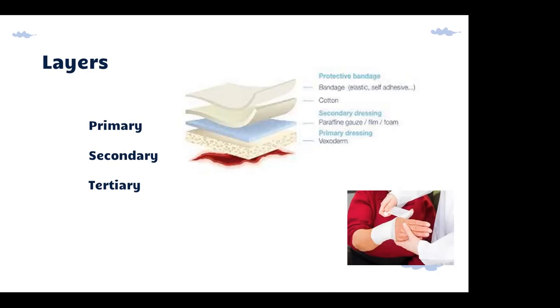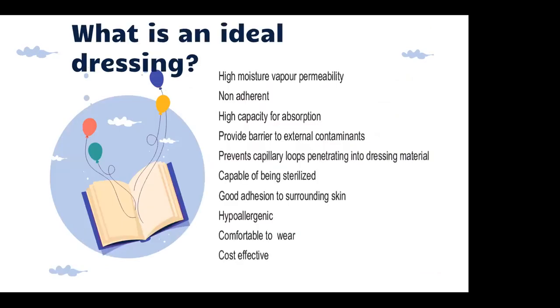There are certain things that we can do with it, and certain things that you can do with the secondary dressing as well, like protect the primary dressing and give some compression. And there are tertiary dressings we can use to offload. Is that clear? Yes. Okay.